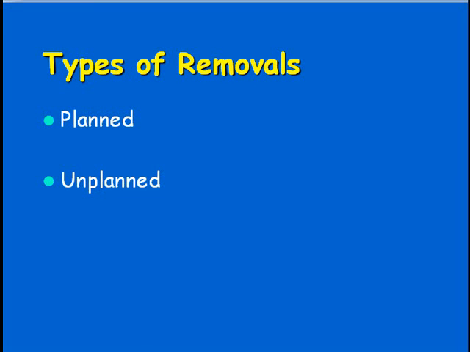There are also planned removals, and this is one time it's really important to look through your text. It gives you a lot of examples, and most of the examples it gives you are not having to do with clients, but having to do with agencies, or I'll give you an example of pizza deliverers, things where there wouldn't be such an ethical concern.